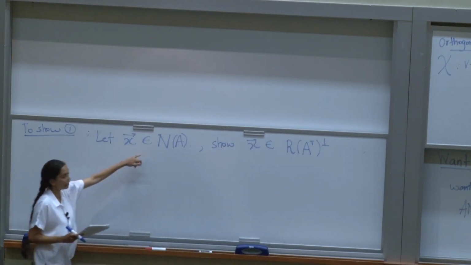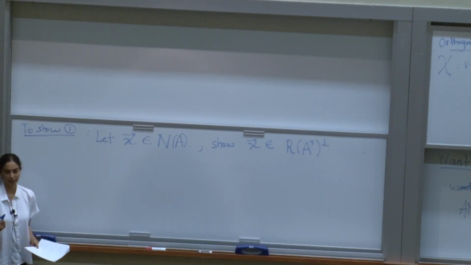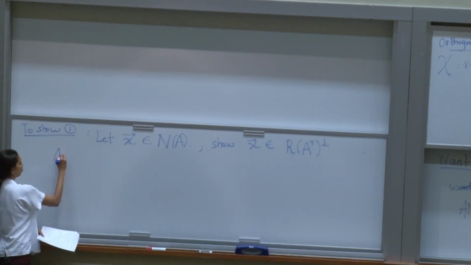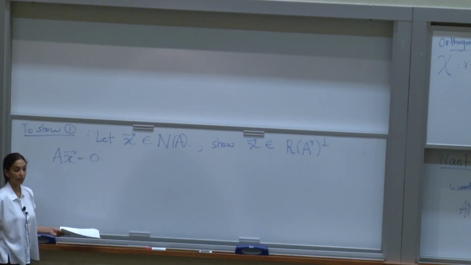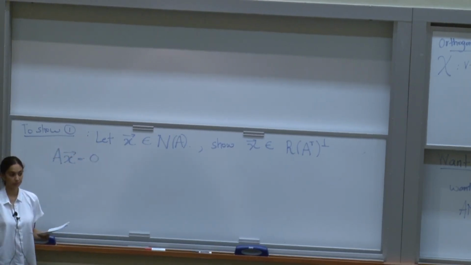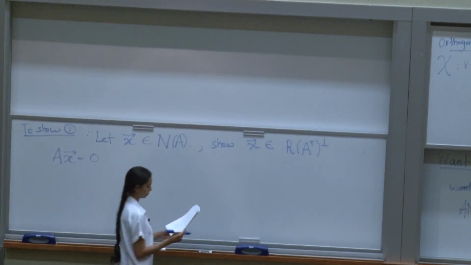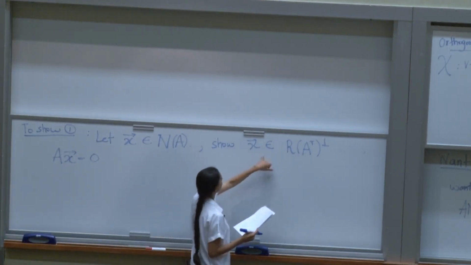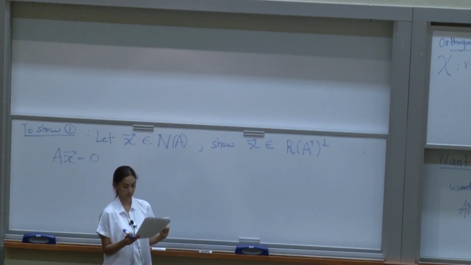So if I know that x is in the null space of A, what does this tell me about x? This means I know that A times x is equal to 0, by the definition of null space. Okay? And what do I want to show? I want to show that x belongs to the range space of A transpose perpendicular.